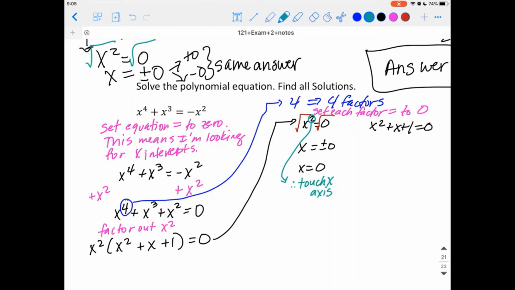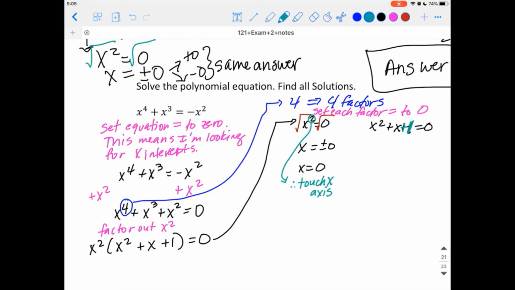And for this other one, we can't factor it because we're looking for 2 numbers that multiply to give you a positive 1 and add up to 1. So 1 times 1 and 1 times 1 are going to give me either 2 or negative 2 when I add them up.